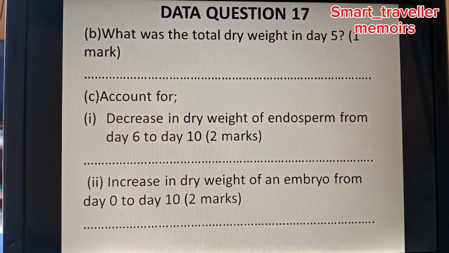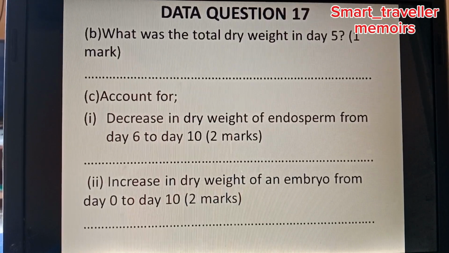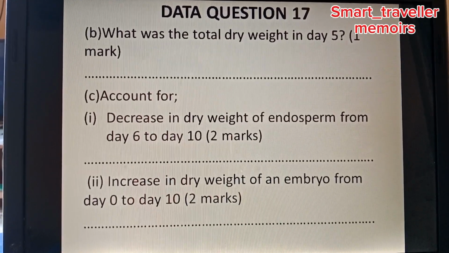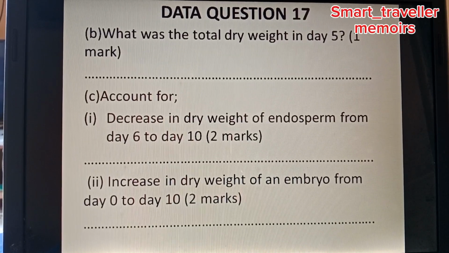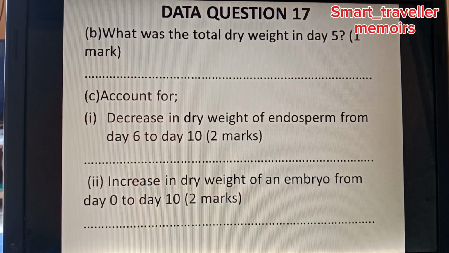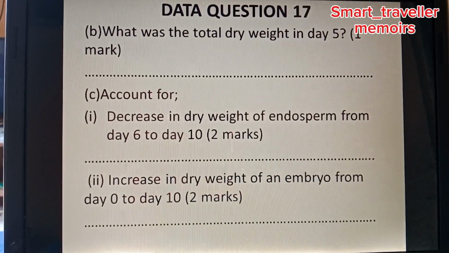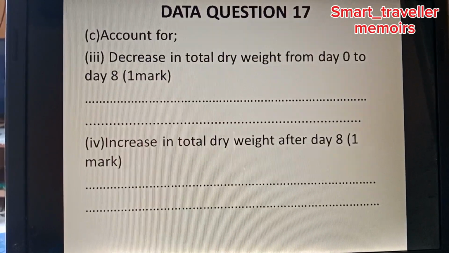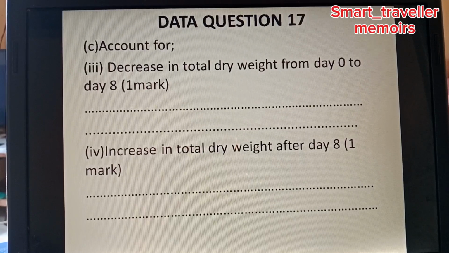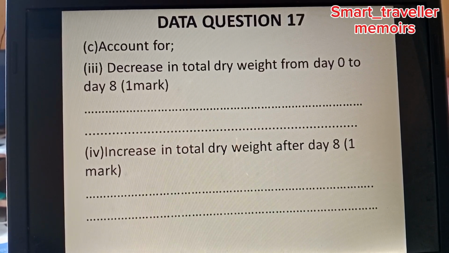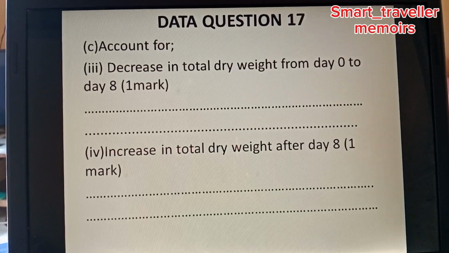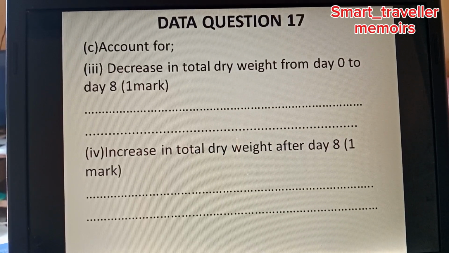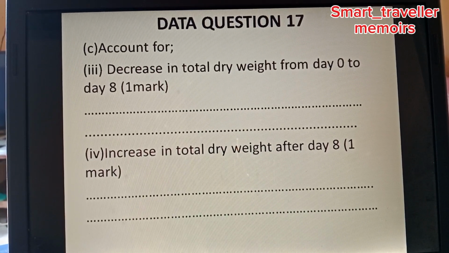Account for the decrease in dry weight of endosperm from day 6 to day 10. Account for the increase in dry weight of the embryo from day 0 to day 10. Account for the decrease in total dry weight from day 0 to day 8, and account for the increase in total dry weight after day 8.